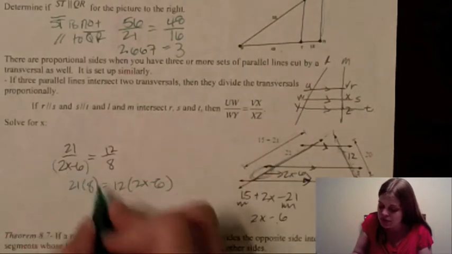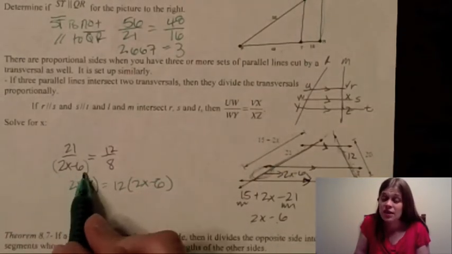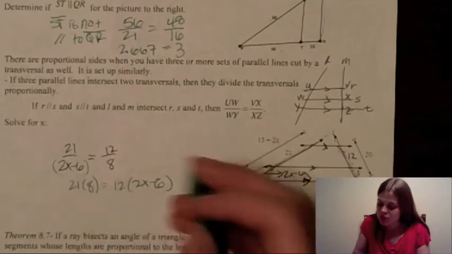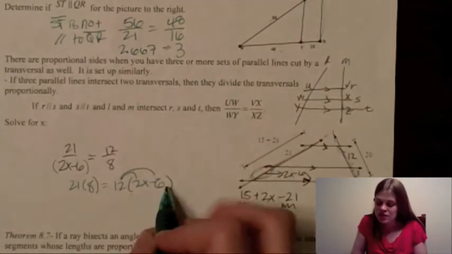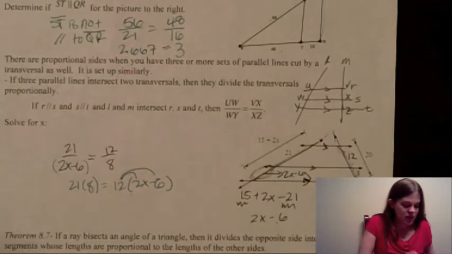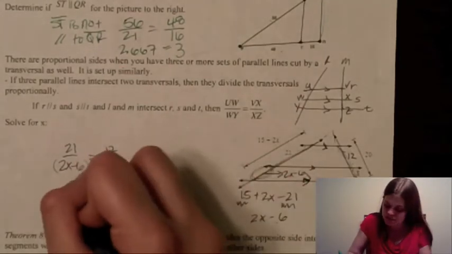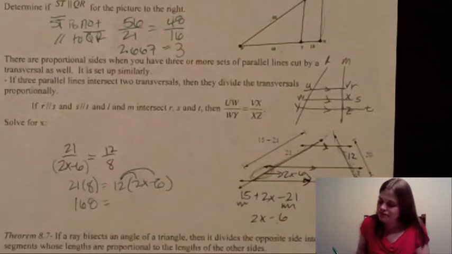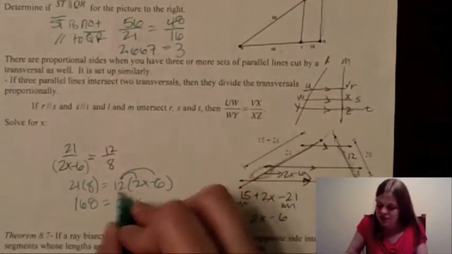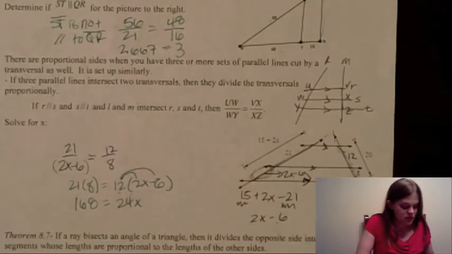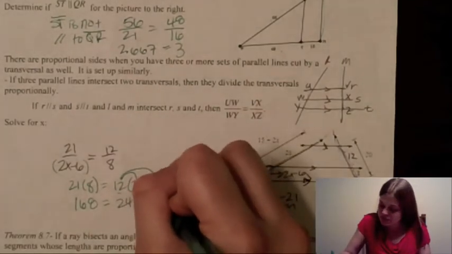Notice I put the 2x minus 6 in parentheses even though I didn't have parentheses up here. It's important that you put them so that I can distribute the 12 to both the 2x and the 6. So 21 times 8 gives you 168. And 12 times 2 is 24, and then x. And then 12 times 6 is 72.